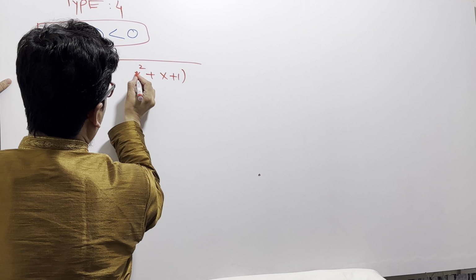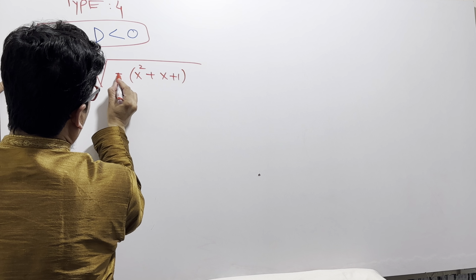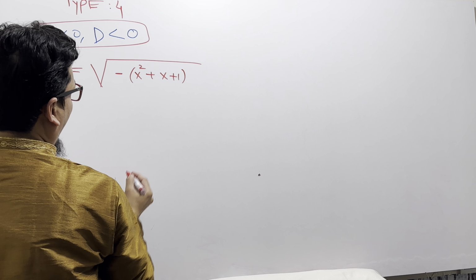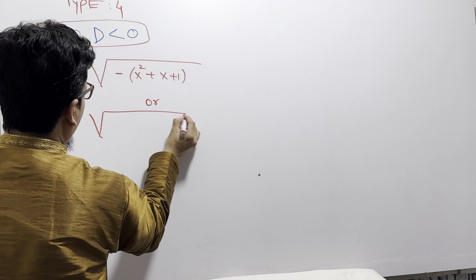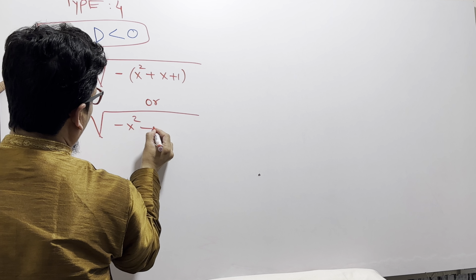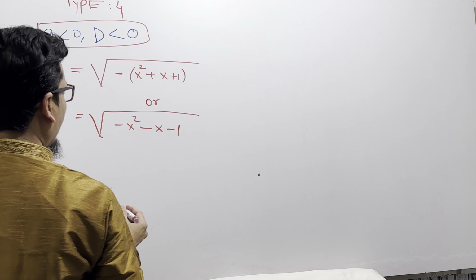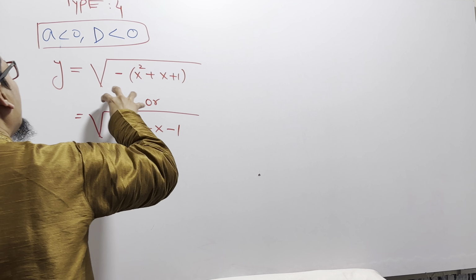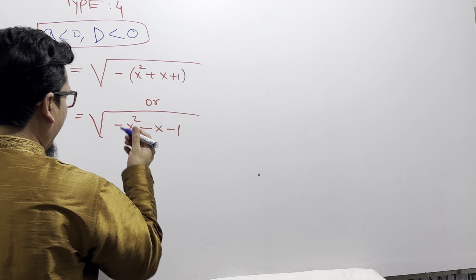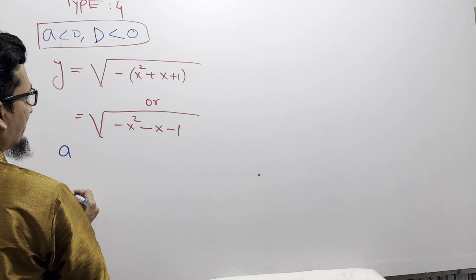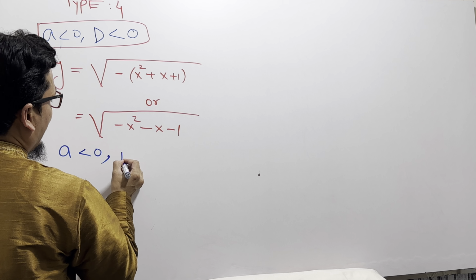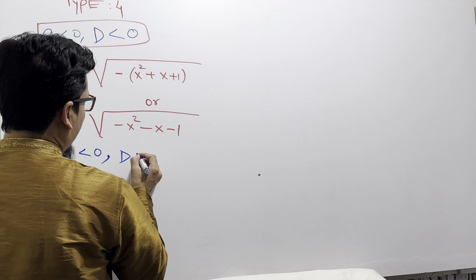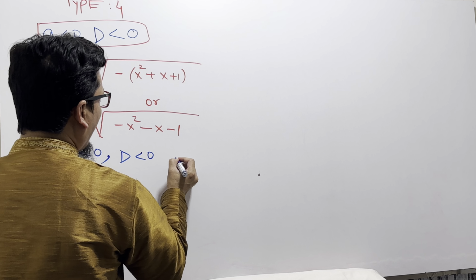Here I'm going to write this with a minus sign, so it can be written as minus x square minus x minus 1. When you find the nature of this one, you will find that a is less than 0, and D is also less than 0. How? You can check here.